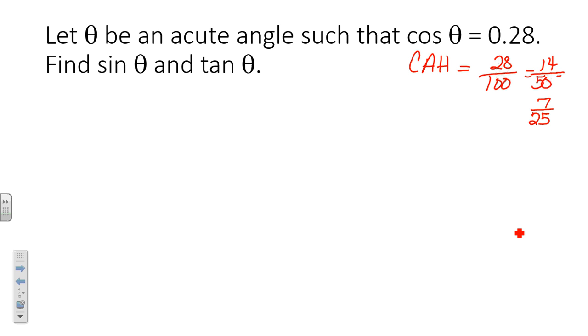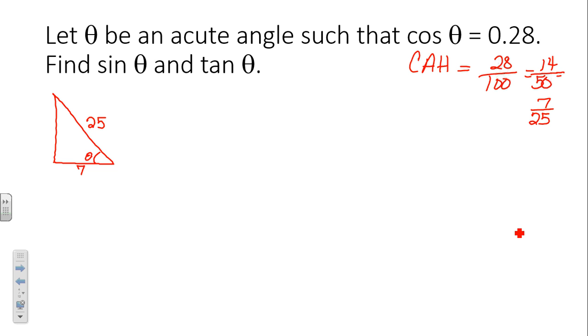So let's sketch out a triangle, okay? Some kind of triangle in which the adjacent is about 7 and the hypotenuse is about 25. So if this is my adjacent, this is my hypotenuse. I'm supposed to find the sine of theta and the tangent of theta.